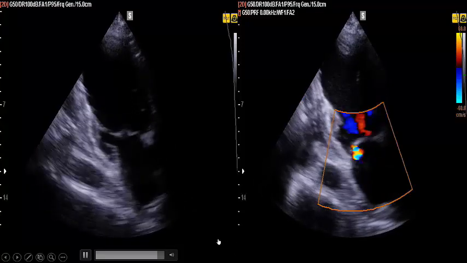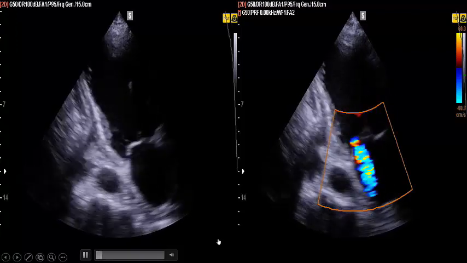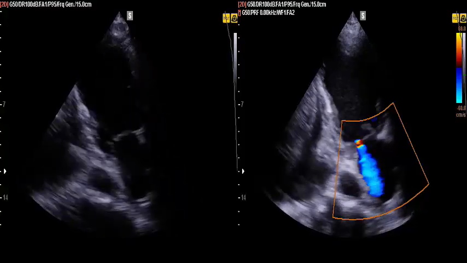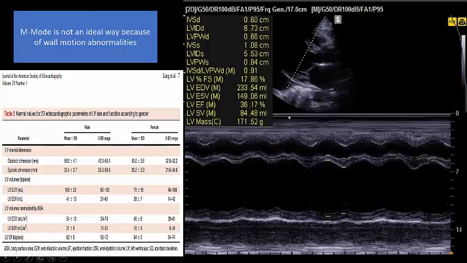In this patient, we have wall motion abnormality, generalized hypokinesia, ischemic mitral regurgitation, and we did M-mode. M-mode is not proper in this type of patient to assess the ejection fraction because of wall motion abnormality, but at least we know the end-diastolic diameter here.